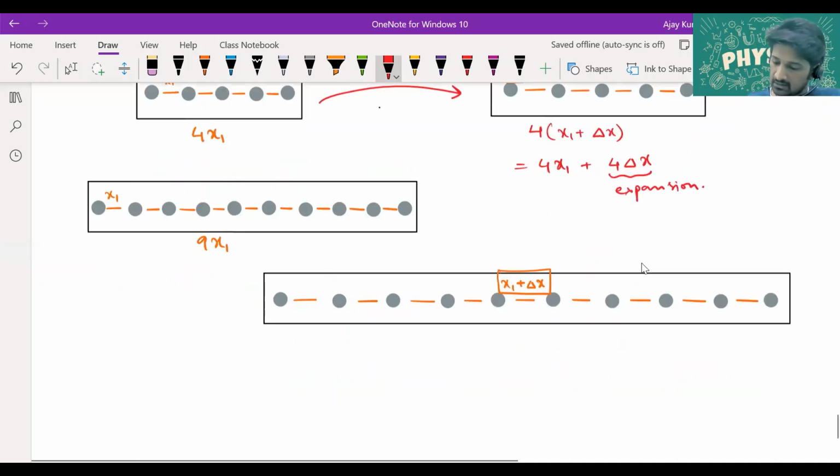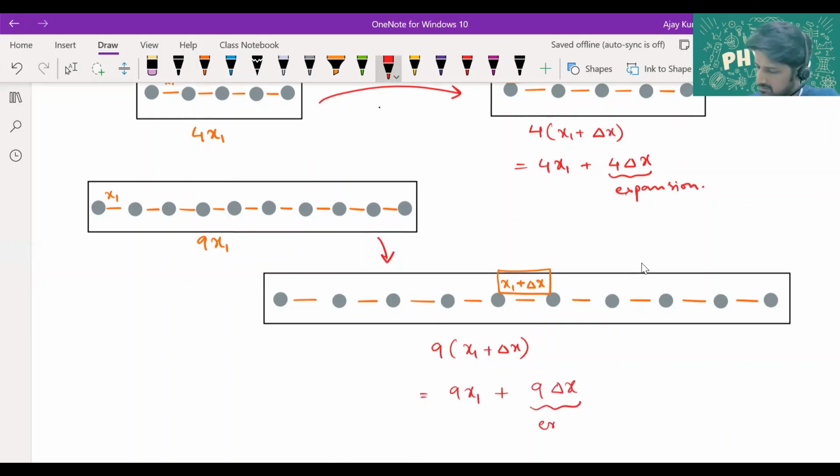What is the final length of the second object? There are 9 gaps. So 9 times x1 plus delta x. So that becomes 9x1, which is its original length, plus 9 delta x. This is the expansion. Now observe one thing here. They're both made of the same material, that's okay. But still, how much they expand for a certain rise in temperature depends on the original length.